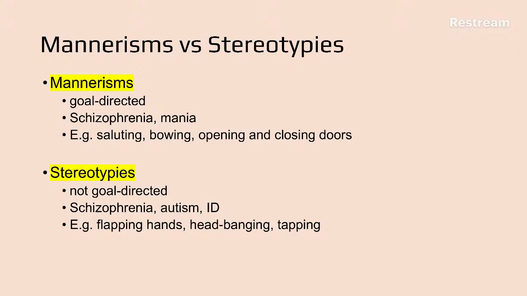So these are things which don't have a clear goal in mind, but they're still repetitive movements, right? So these are more stereotypies. Like I say, this distinction isn't super important in exams, probably splitting hairs at medical student level, but it's just to get you acquainted with the system that I'm trying to use here. Great, next slide, please.